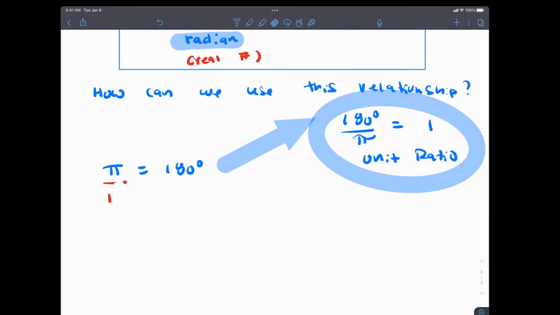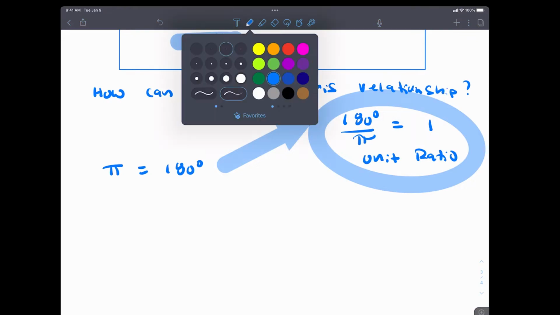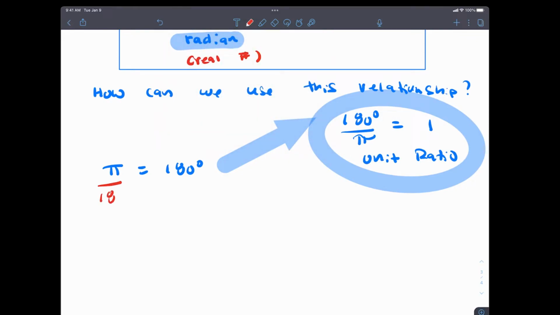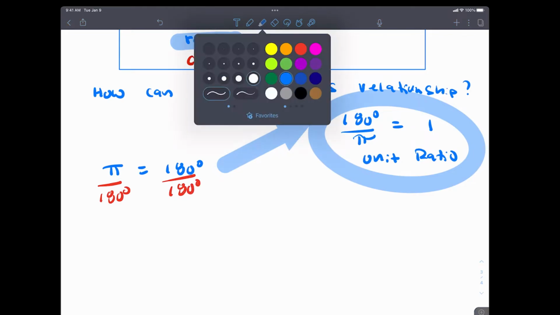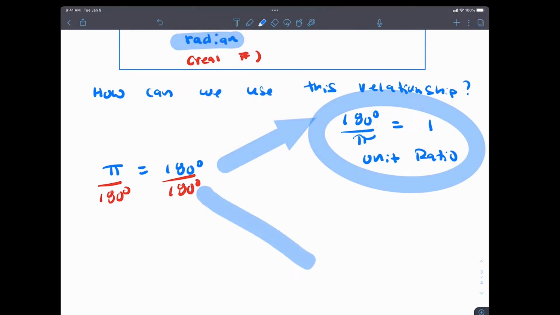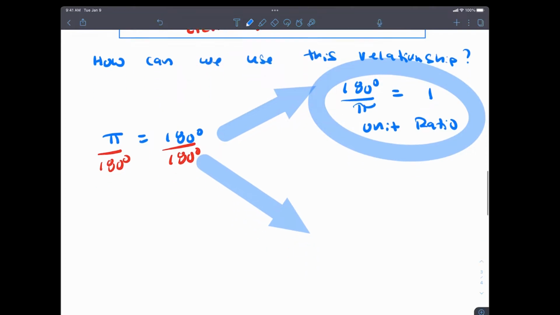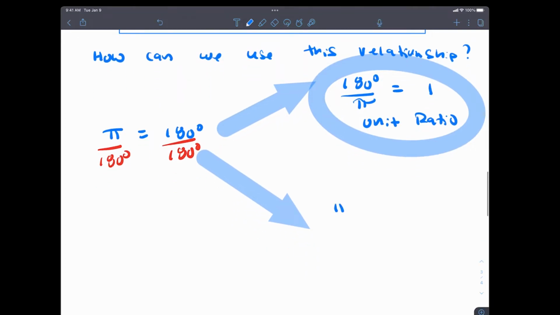What if I decided I'm going to divide both sides by 180 degrees? What do you get now? You get pi over 180 degrees is 1. This is canceled.